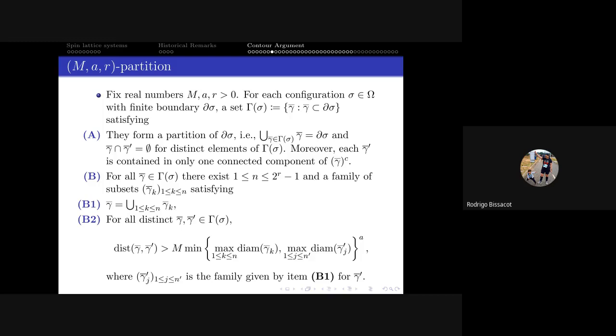Maybe it's a technical observation for those who are not aware, but if you read Fröhlich and Spencer, you will realize that if we erase the condition B, you cannot control the exponential growth of the number of contours. So this, and the set of B2 conditions, are very simple. It's just the cubes intercepting the region of incorrect points. Just this.